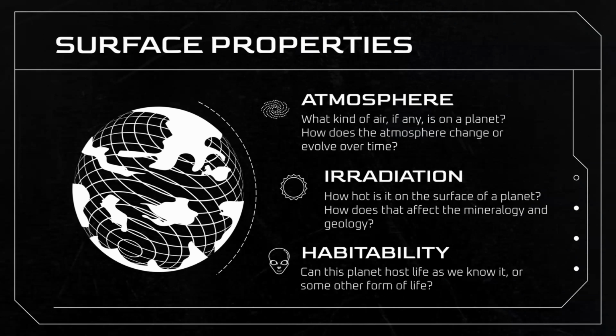We're able to see how hot it is on the surface of a planet, how it changes from day to night, the effects of the star's irradiation on the surface of the planet, the mineralogy and geology, and also what the implications of those things are on possible habitability.